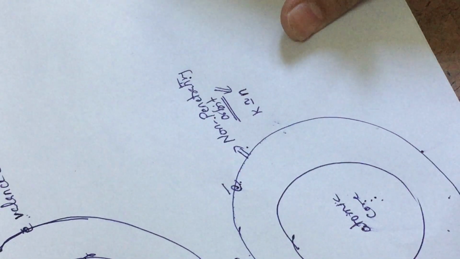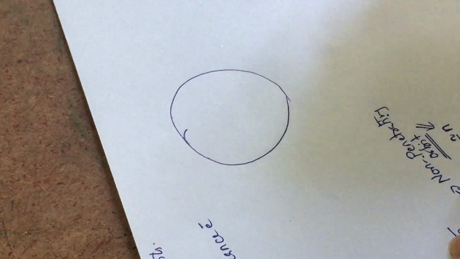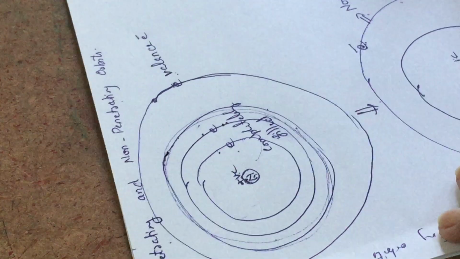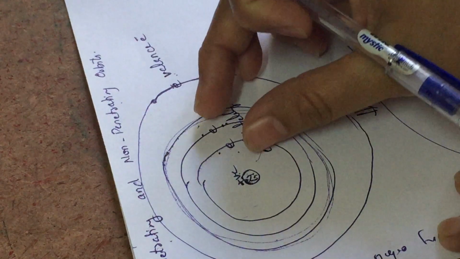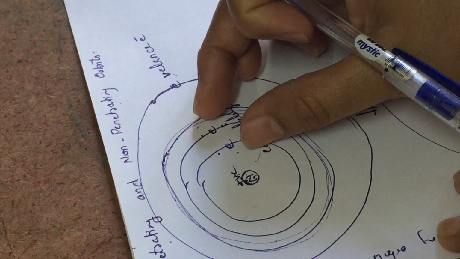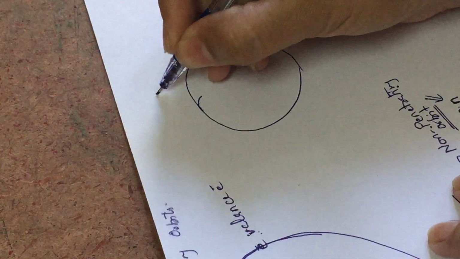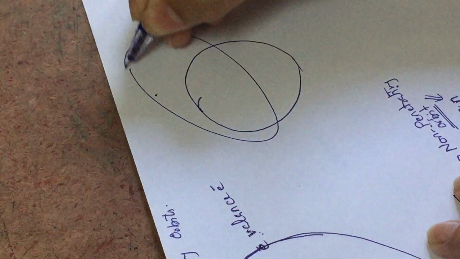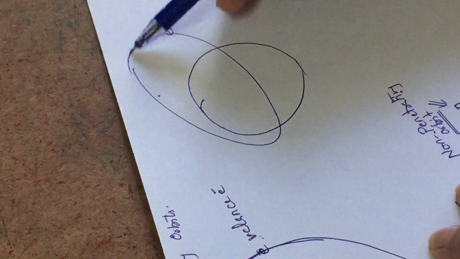In the other case, let us consider this is our atomic core, the space having the shielding electrons, the shells or subshells which are totally filled, and the nucleus. Let us consider this is our valence electron, and now it is moving in this orbit.